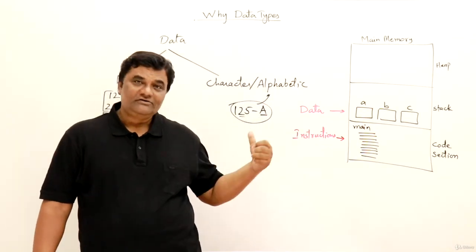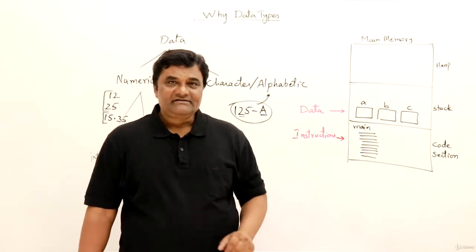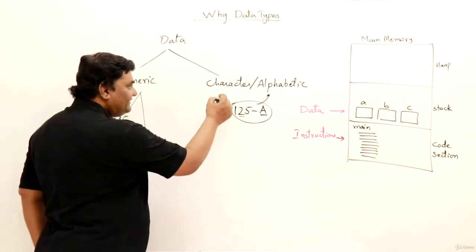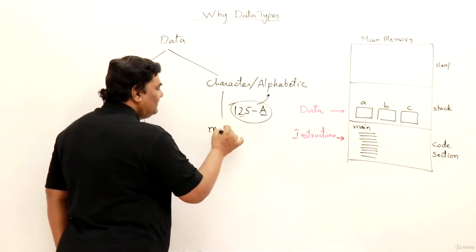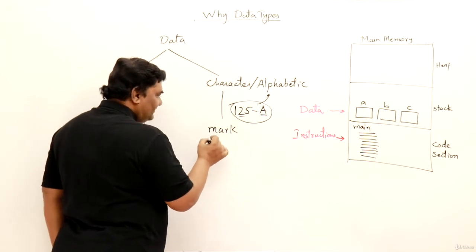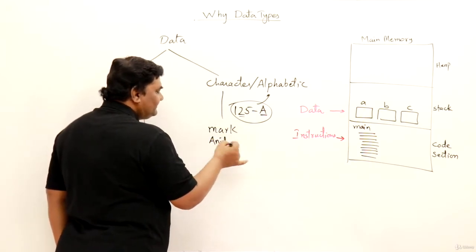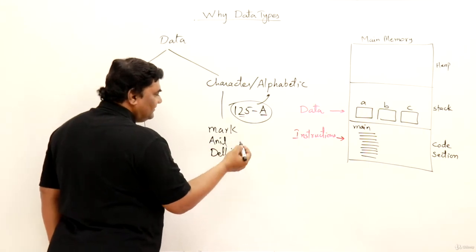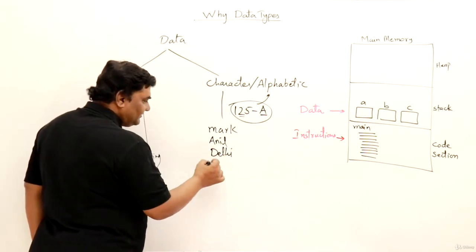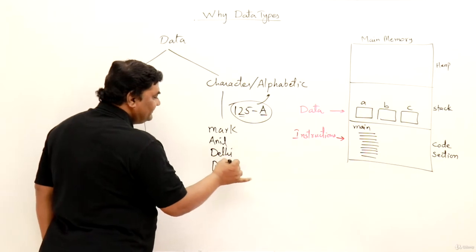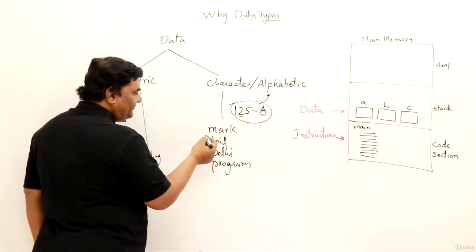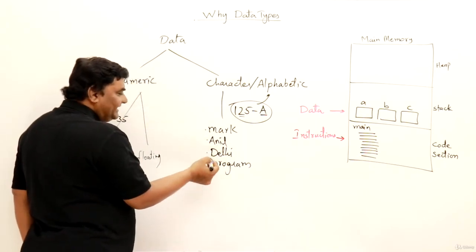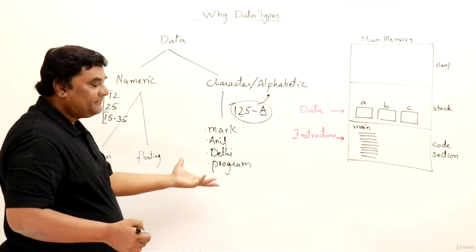Then next, coming to this side, that is characters. Here, if I write a name, that is Mark or Anil, or the name of a place, Delhi, or any word, like program, it may be the name of a person, the name of a place, or any word from the dictionary.